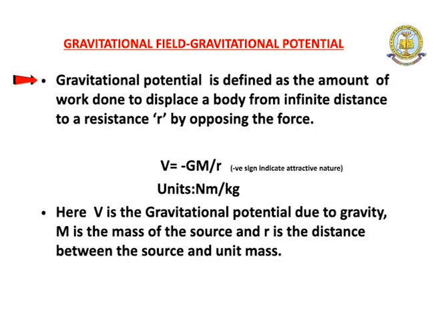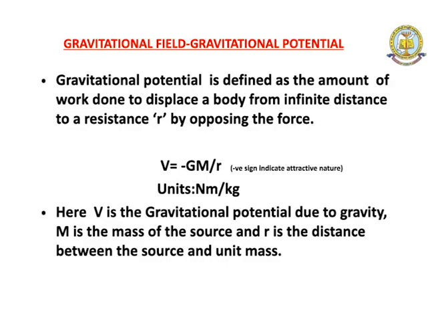And gravitational potential. Gravitational potential is the amount of work done in displacing a body from a definite distance against the opposing force. That is, gravitational potential V is equal to minus G M by r, where r is the distance, and the negative sign indicates attraction. The unit of gravitational potential is Newton meter per kg.